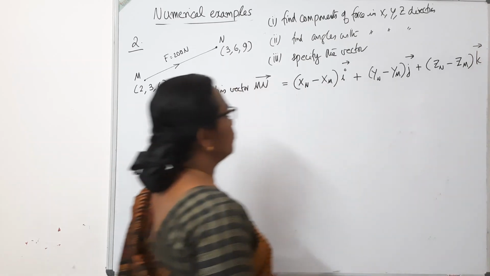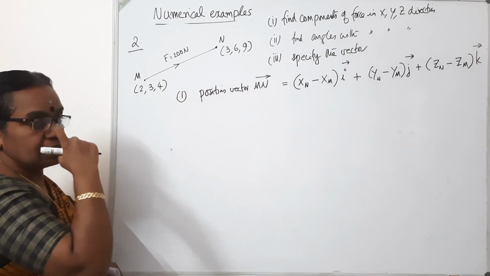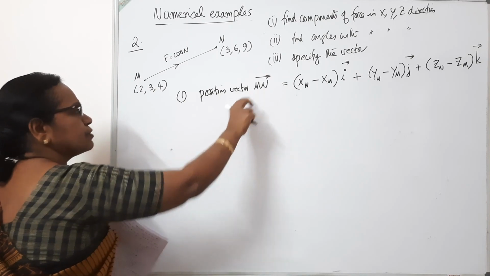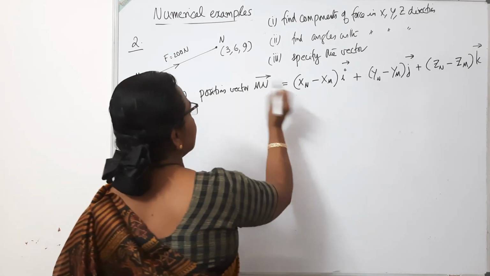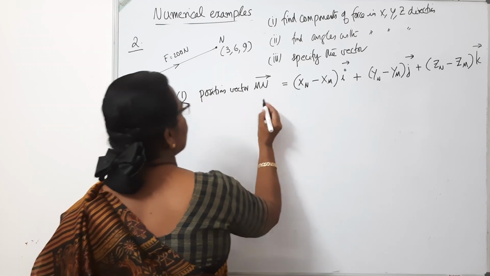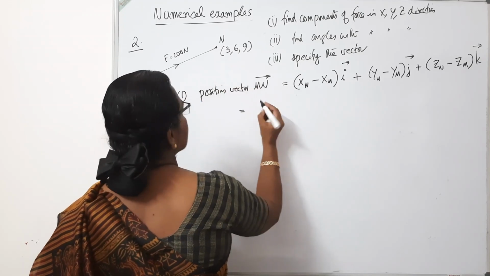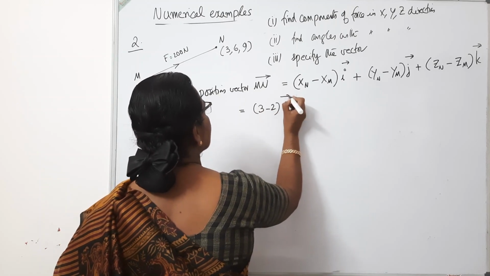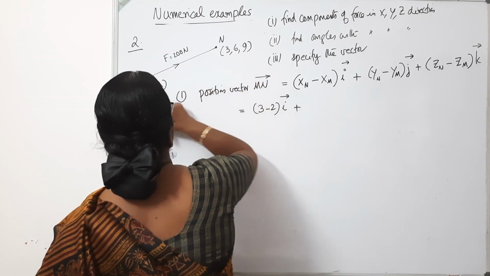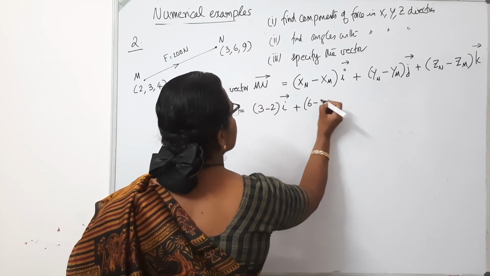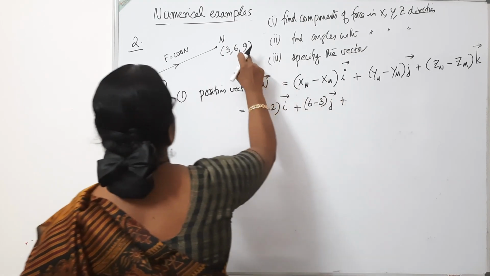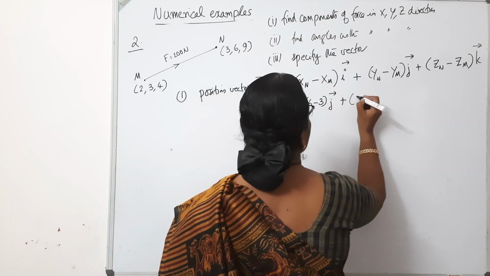So to get the position vector MN, second minus first, the second letter is N, minus the first letter. So N minus M, remember N minus M, so we can write it here 3 minus 2 i plus 6 minus 3 j plus 9 minus 4.